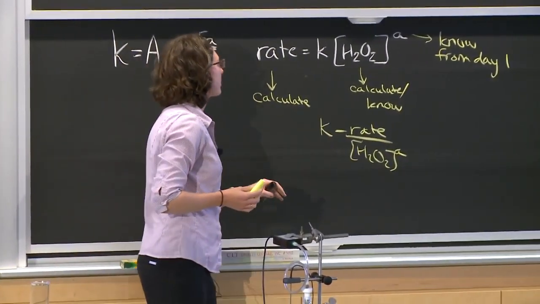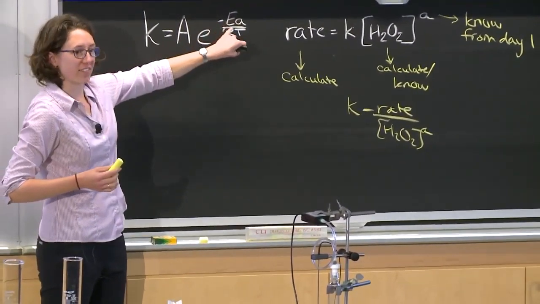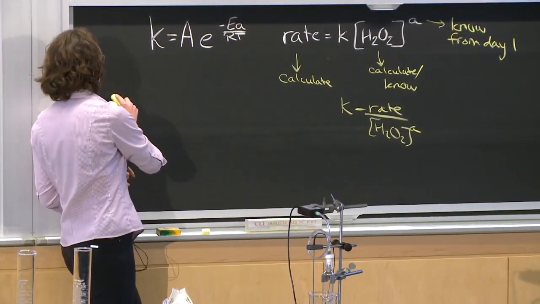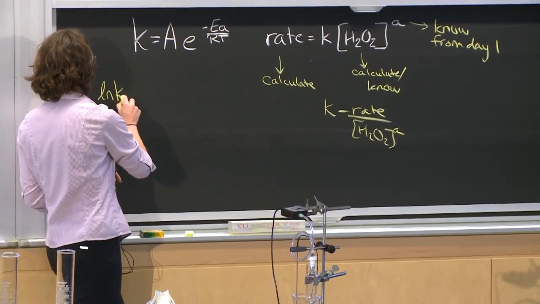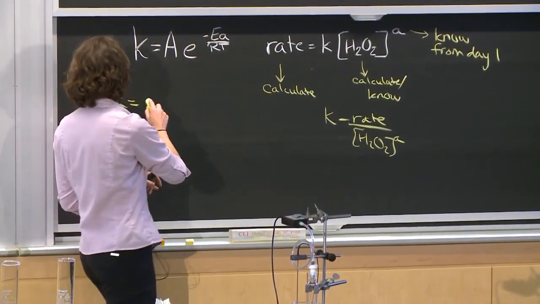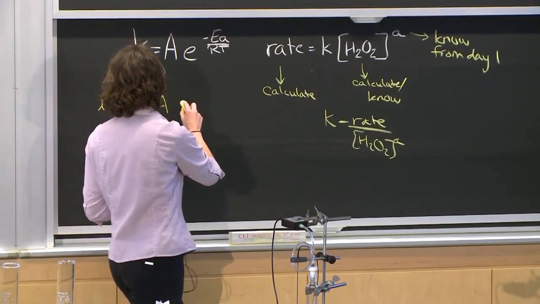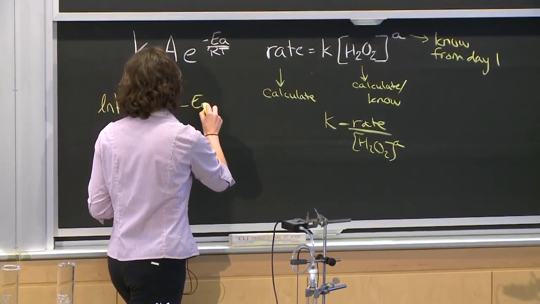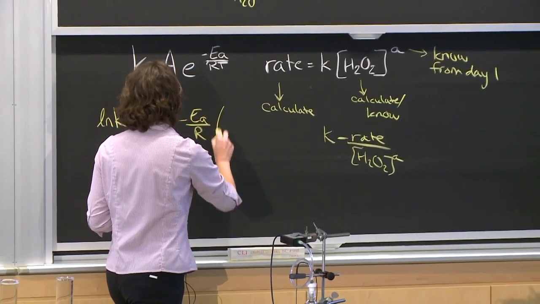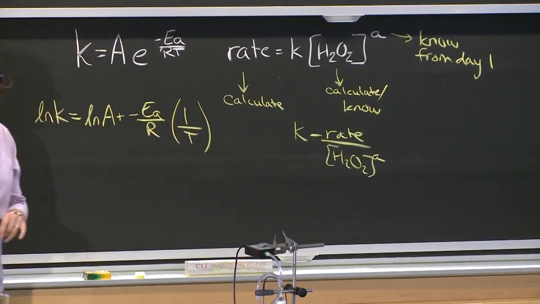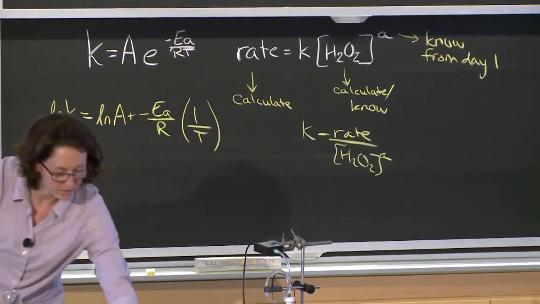And then in order to get our activation energy out of this, we are again going to take the natural log of both sides. I think that I did that out correctly.